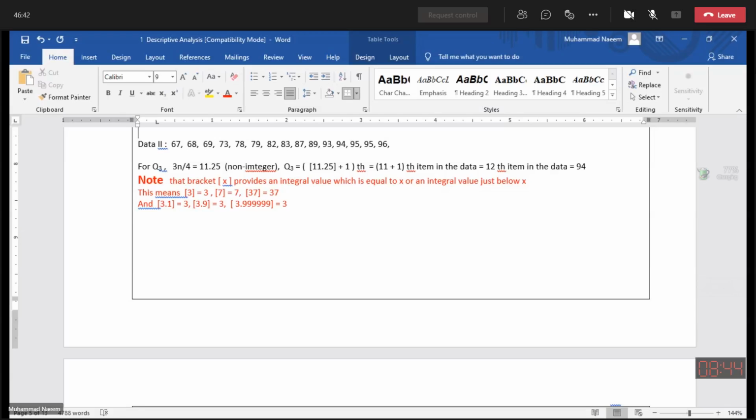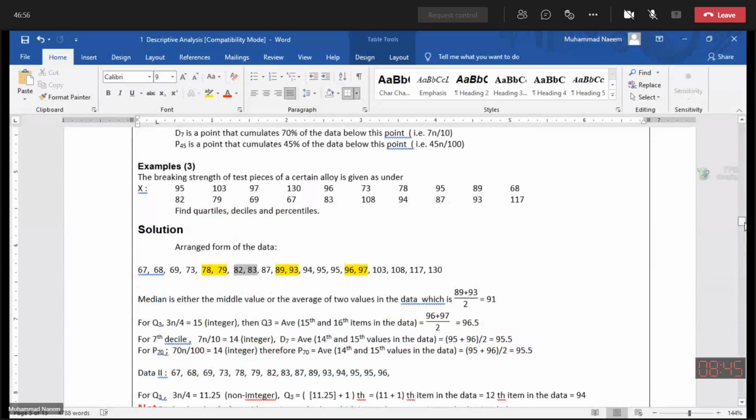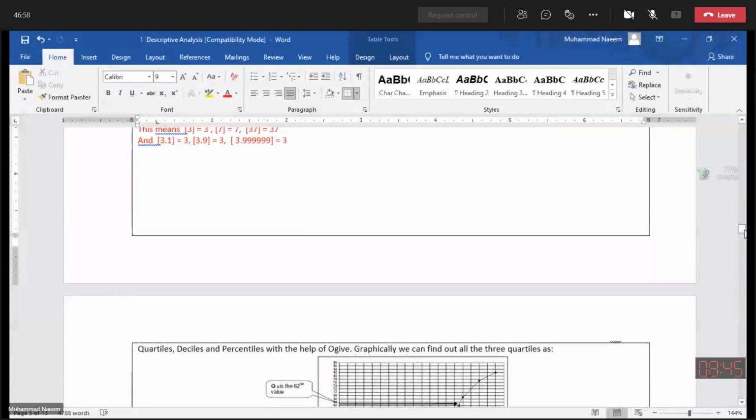We are given a grouped data. Let's say consider any frequency distribution that we have discussed in previous examples.